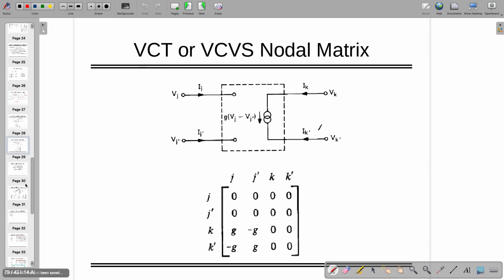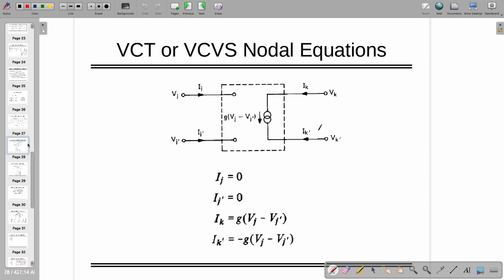Okay. Now I want to find out the relation because I have four different nodes: Vj, Vj prime, Vk, Vk prime, right? And I can write down those equations in terms of currents.